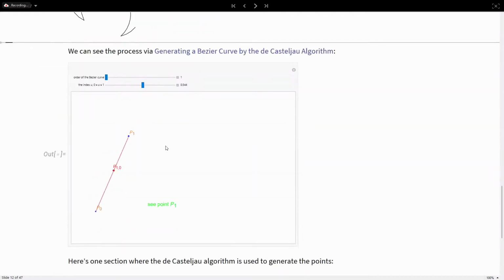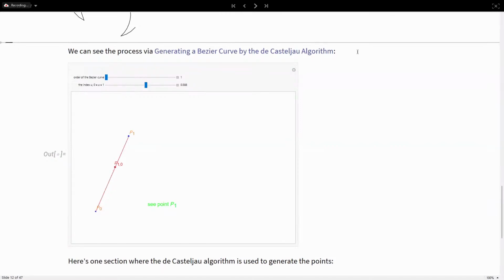So first, we're going to represent a line. We have 2 points, and if we change the fraction, 0 is just this first point here, and 1 is just the second point. And as we change the fraction, we go from one point to the other.